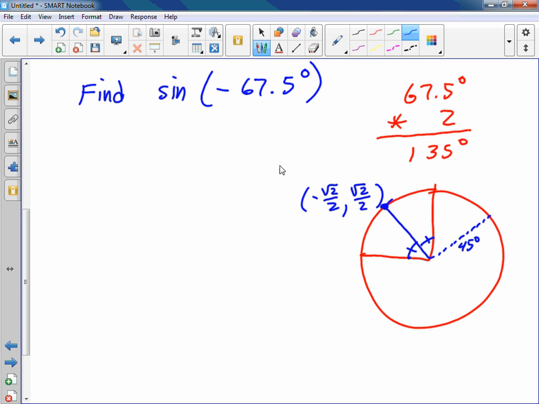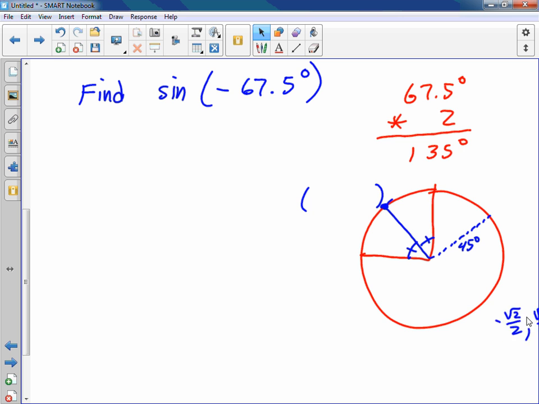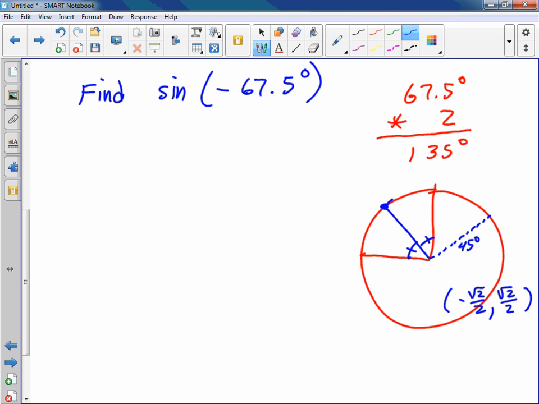Let's change these coordinates around just a little bit. No crisis. They're going to wind up being down here. This one is going to be positive. This one is going to be negative. Again, that'll be down in quadrant 4. So I made a little mistake, but not a critical one.